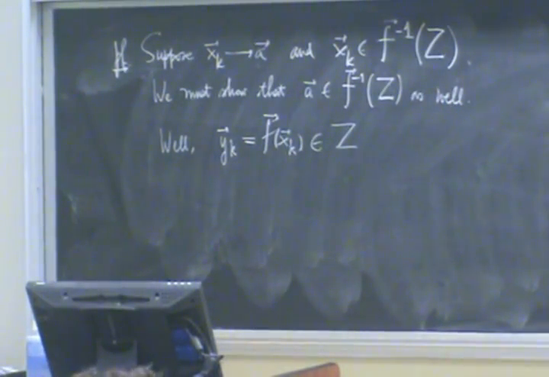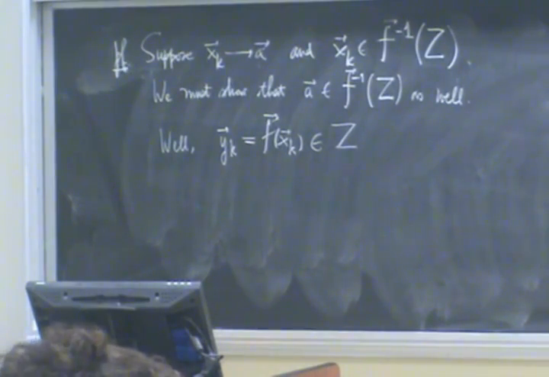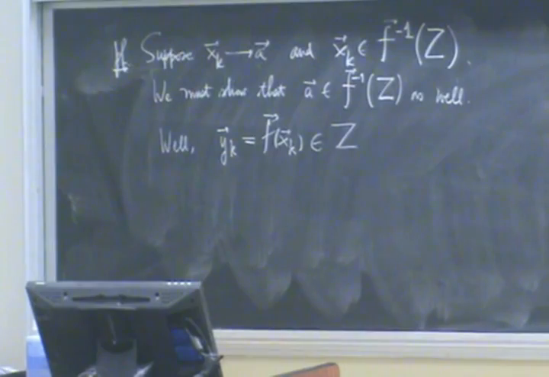Finish the proof for me. So remember, f is continuous. You've got to use it somewhere. As xk approaches A, then f of xk approaches f of A. Good.